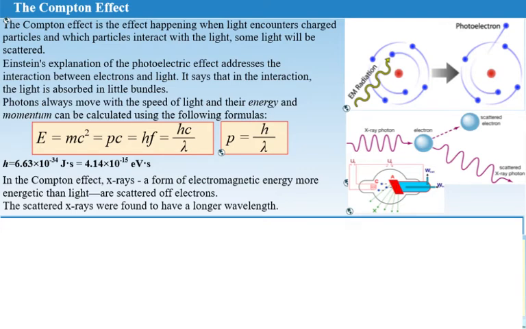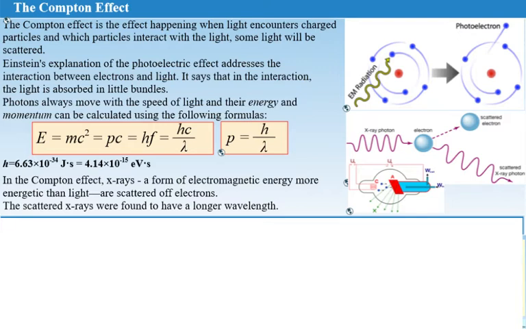So in 1923, Compton had an experiment that provided a clear example of the particle nature of light, and finally convinced most physicists who still doubted Einstein's photon model.